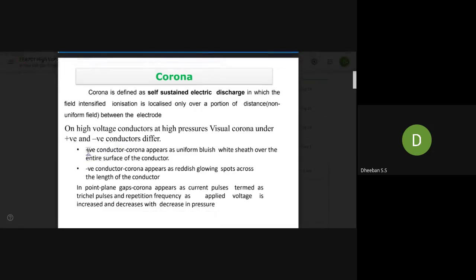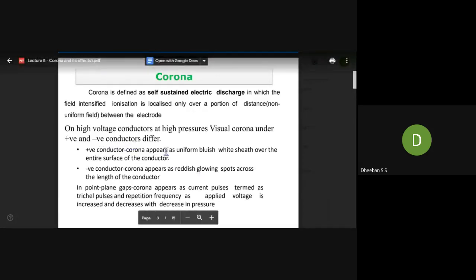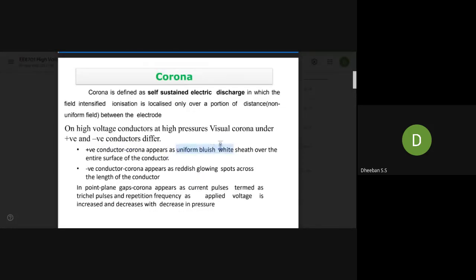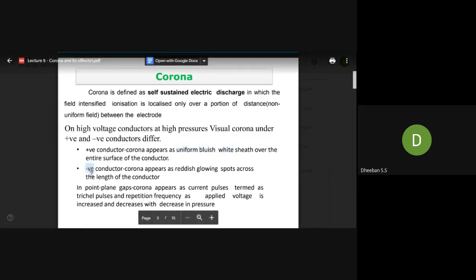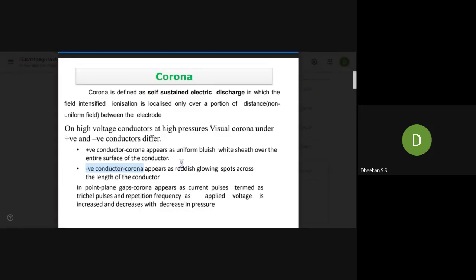For a positive conductor, if corona occurs, it appears as a uniform bluish white sheet, in terms of blue color. For a negative conductor, the corona will be a reddish glowing spot.